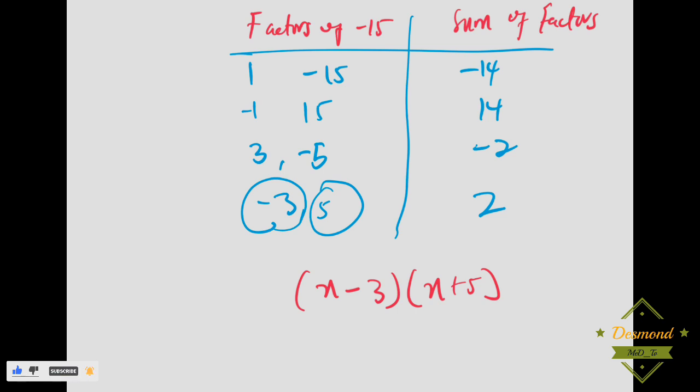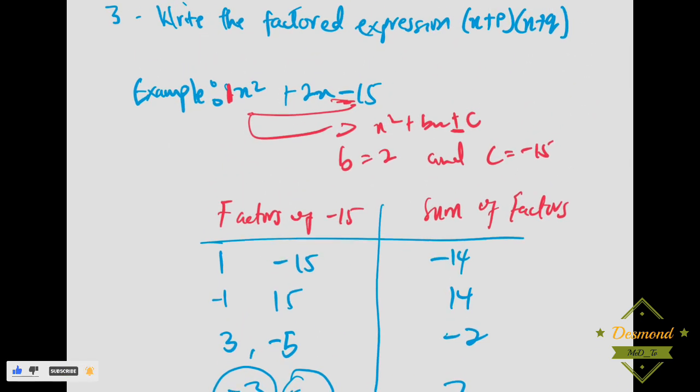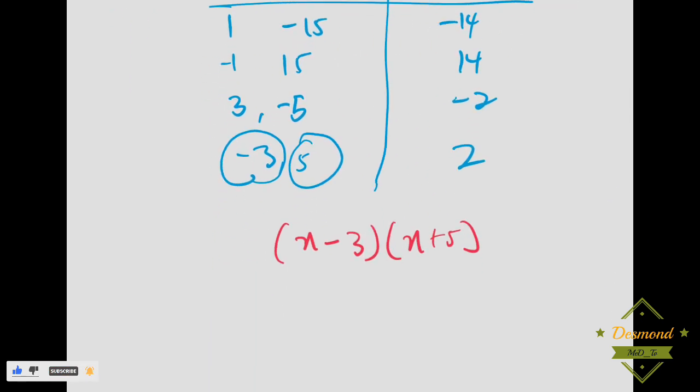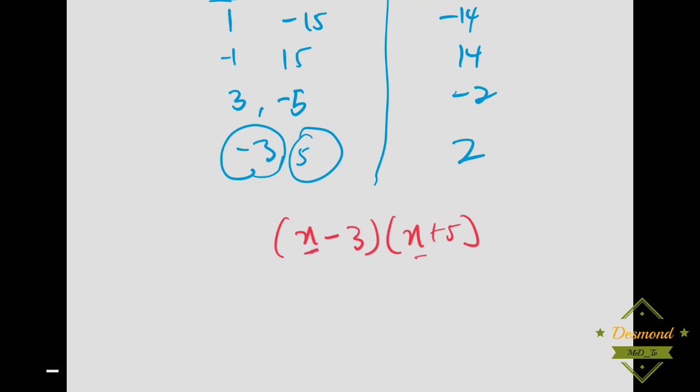Let's multiply and see if we get x squared plus 2x minus 15. x times x is x squared, x times 5 is plus 5x, minus 3 times x is minus 3x, minus 3 times plus 5 is negative 15.